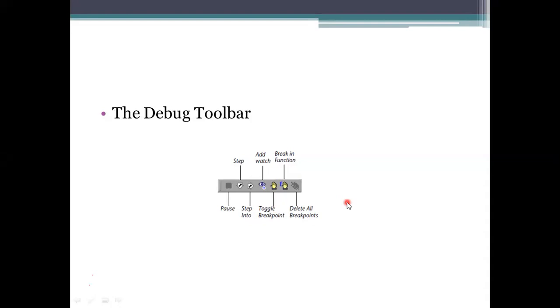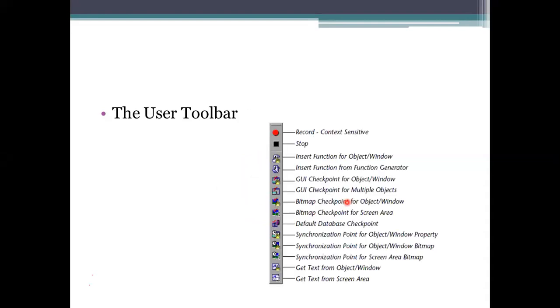Okay, coming to the next one, which is the user toolbar. As I said, multiple key points are there for processing. Based on the test mode, the user can decide the mode. The user will have the option of recording, context sensitive, or analog mode.